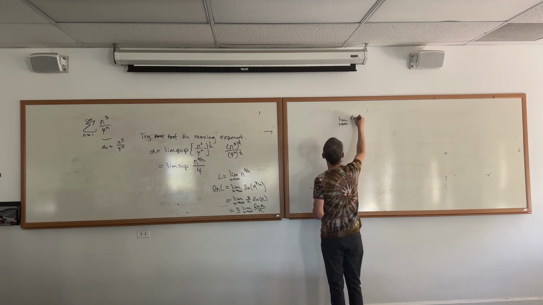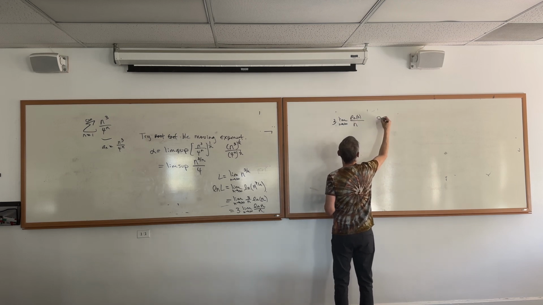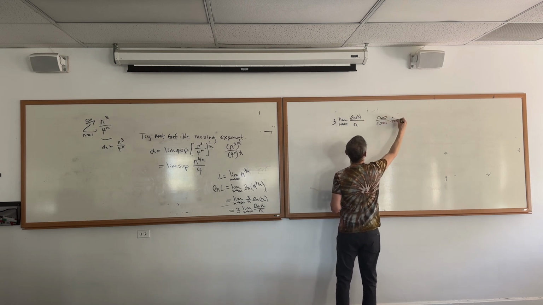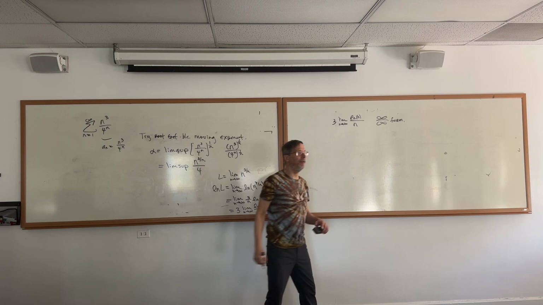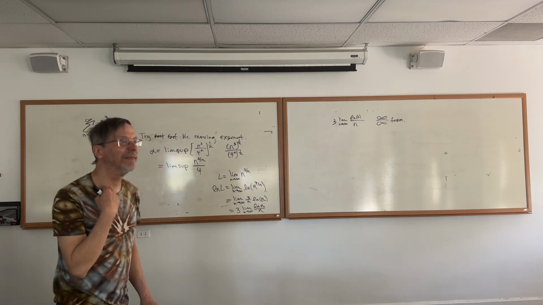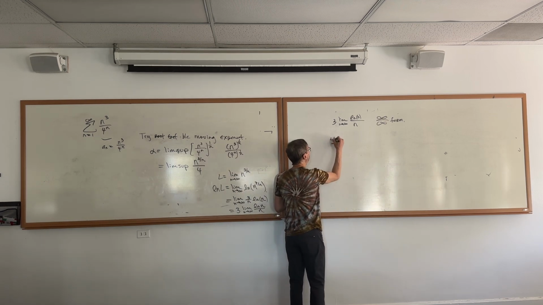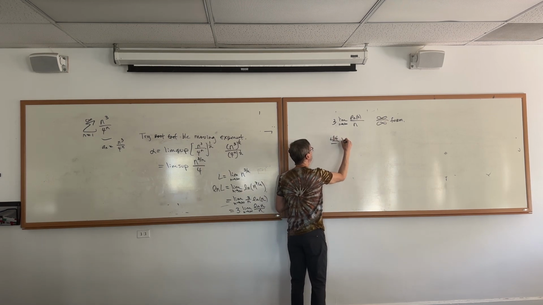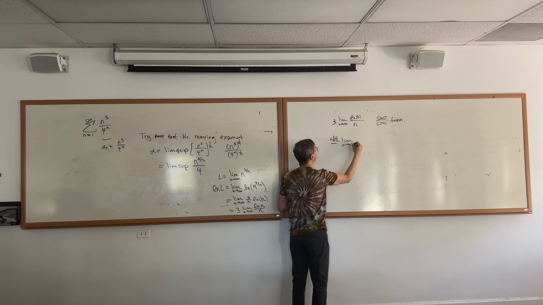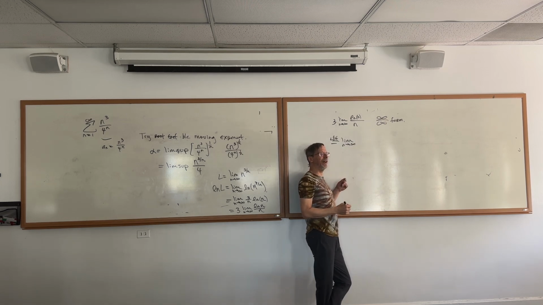Infinity, because natural log of n as n goes to infinity is infinity. So this is an infinity over infinity form. How do you deal with infinity over infinity forms? L'Hopital. Exactly. So by L'Hopital's rule, this is the limit as n goes to infinity of the derivative of natural log of n with respect to n.